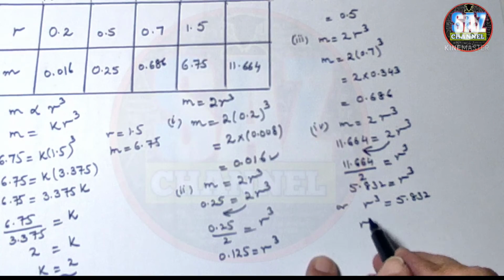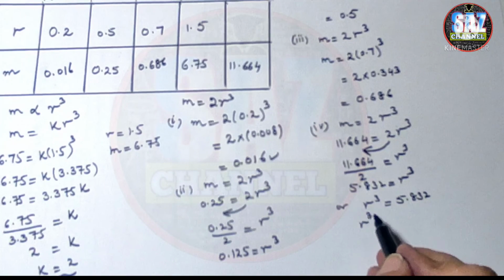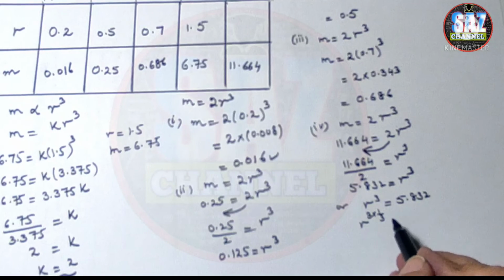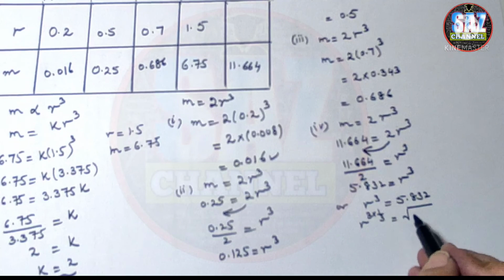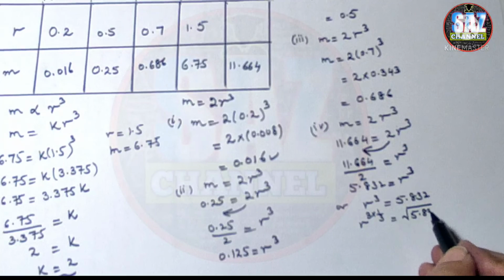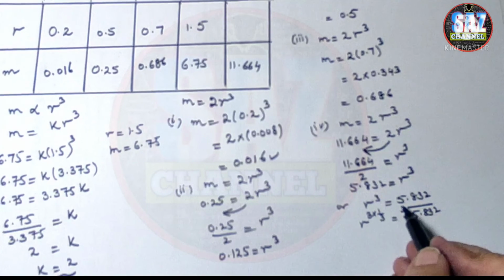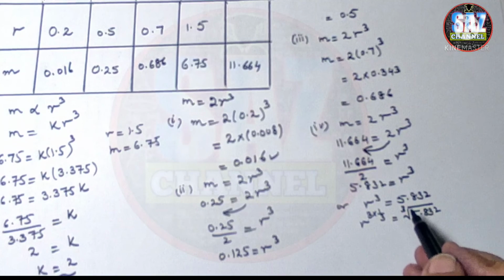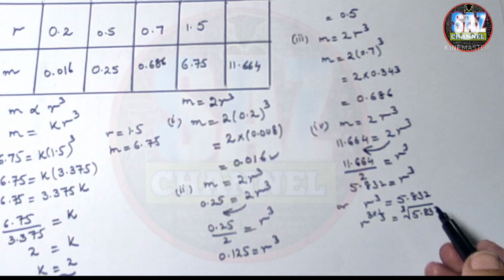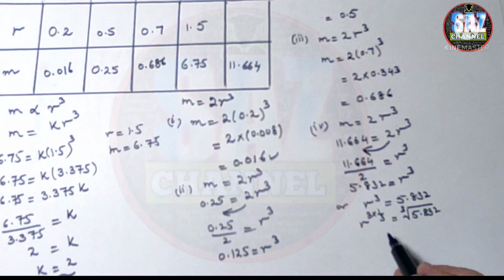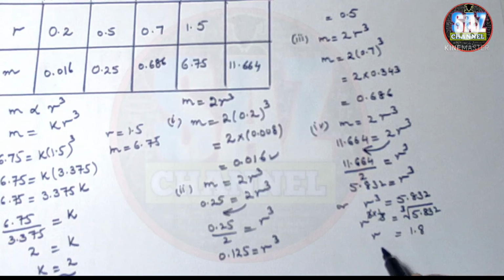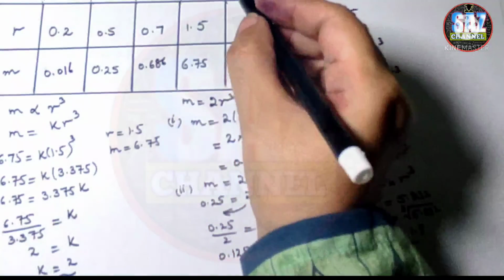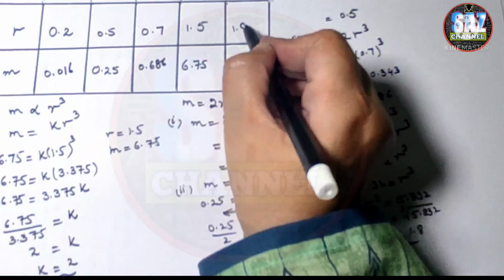In order to get the value of r, I have to do the reverse process. I have to take the cube root on both sides. Okay, 5.832, and I have to take the cube root. Shift and cube root, 5.832, and this gives me 1.8. r equals 1.8. So I have to write the value over here, 1.8.